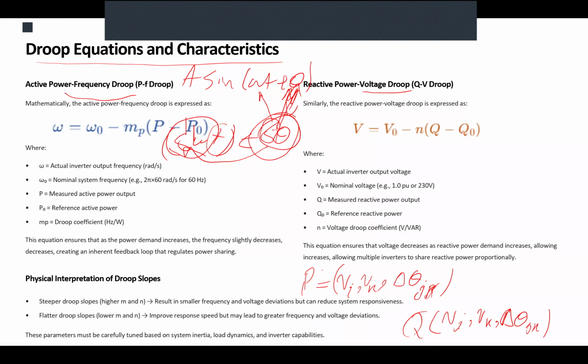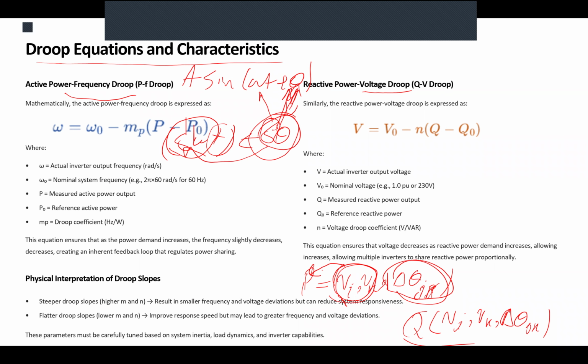Now, if you look at the functions, the effect of the voltages on the dynamic of P is negligible compared to the effect of the phase difference on the behavior of P. So the deviation in these two voltages has much less influence over the deviation of the active power flow compared to the phase angle.